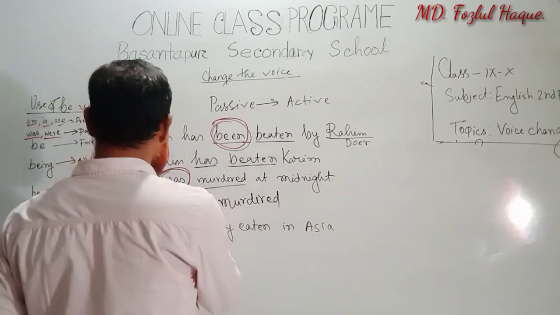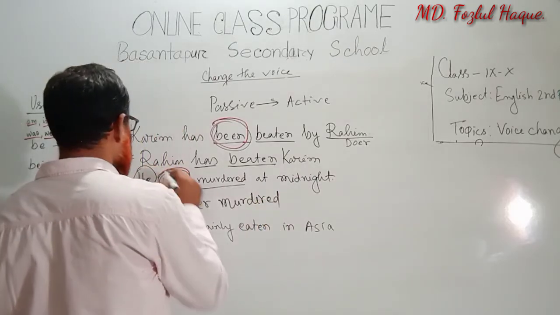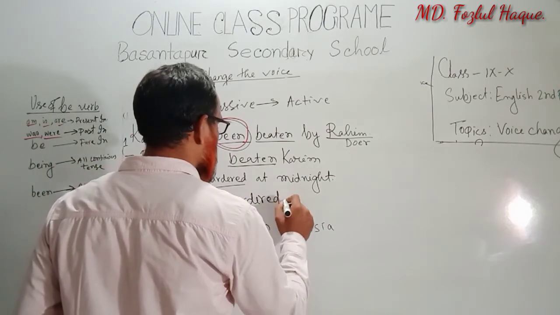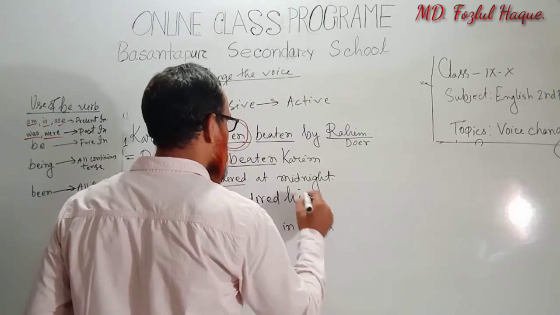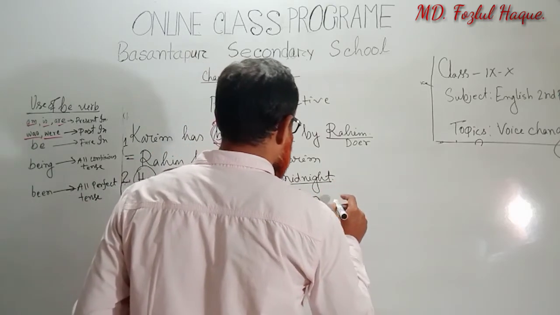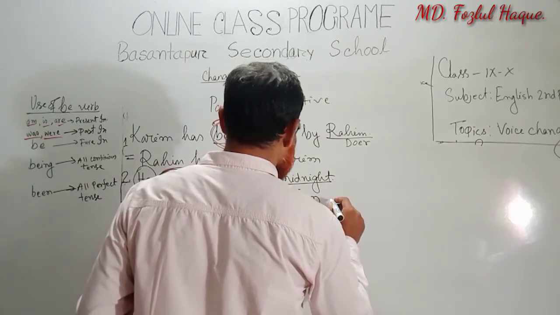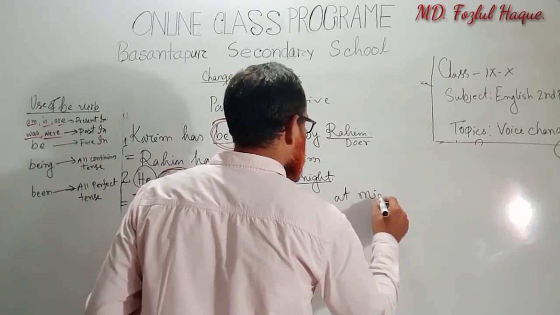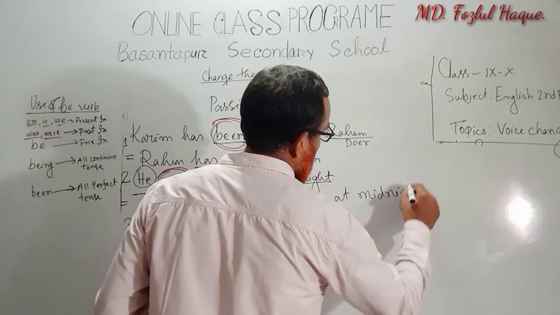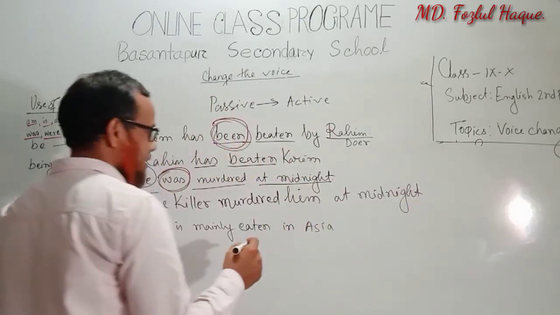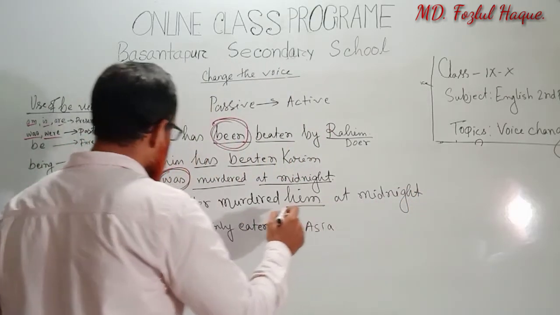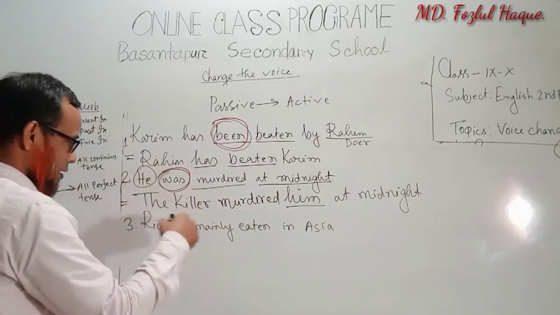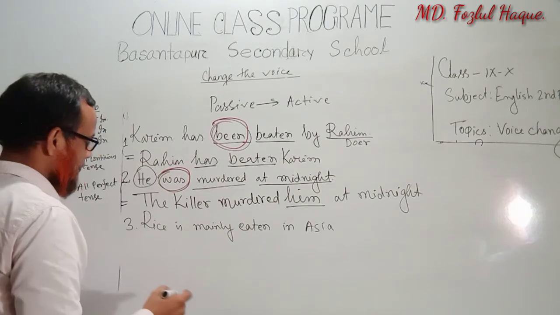The killer murdered him. Subject, and the active object. Then the additional part of the sentence, at midnight. So important is that him, the object, passivizes the subject but activates the object.